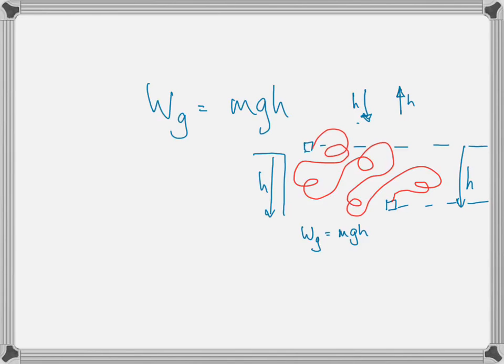And if it starts at the bottom and it goes to the top, then the work done by gravity is minus mgh. But it's still always the same value, no matter what path it follows. That is a special property of this kind of force. It's called a conservative force. Gravity is a conservative force.